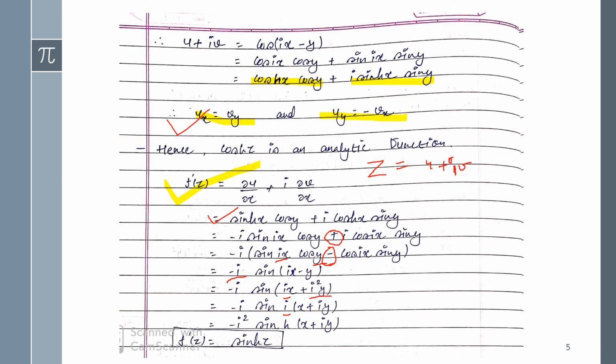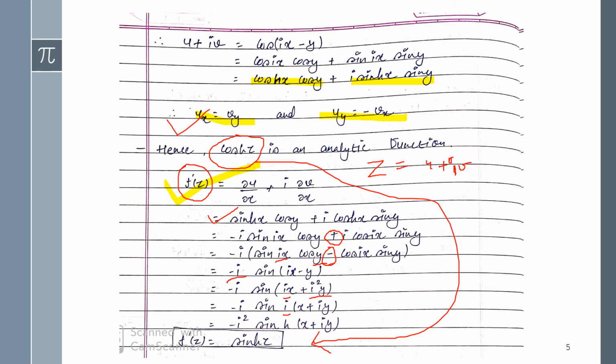See guys, here you have to bring z, because you can check the question is given as cos hz. And we have to find its first derivative, and you know the first derivative of cos hz is, you already know, sin hz.